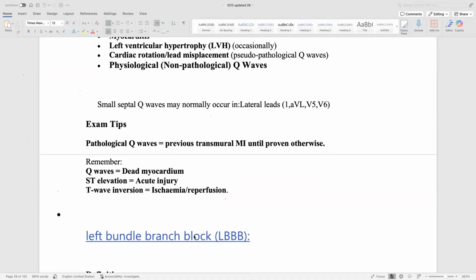So pathological Q wave is a previous transmural MI. Why is there a Q wave? The Q wave tells us there is complete ischemia and necrosis of the muscle from endocardium to pericardium. It will give us the Q. Dead myocardium through and through.